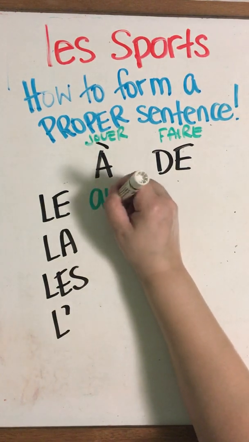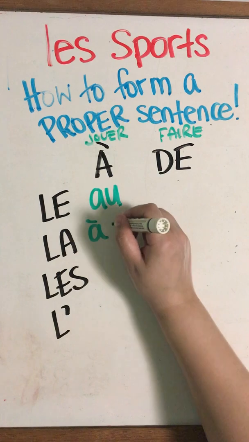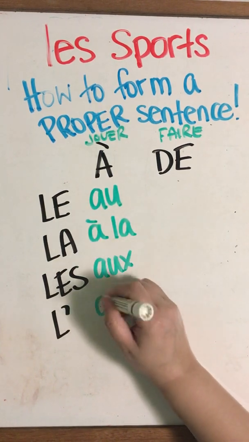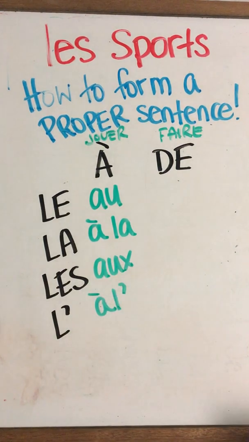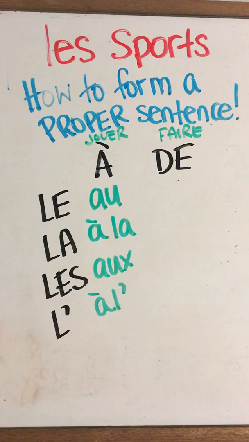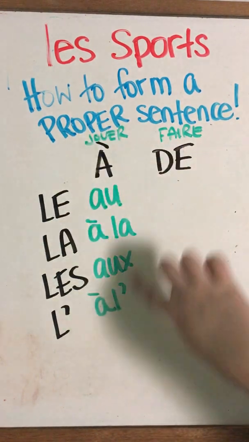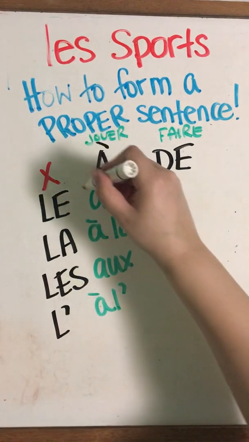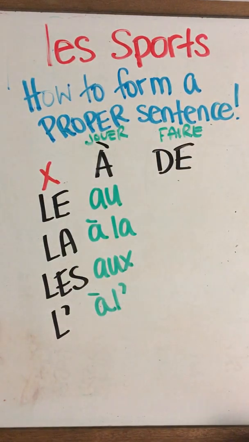À plus le, au, à la. Okay. So these are all for playing sports. Jouer, I'm going to take off these and I'm going to replace them with this column, okay?